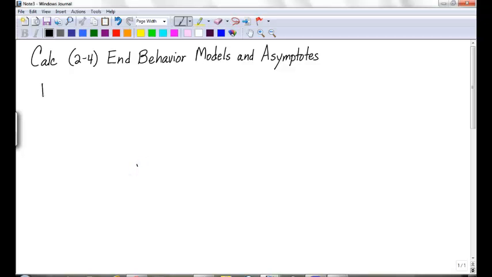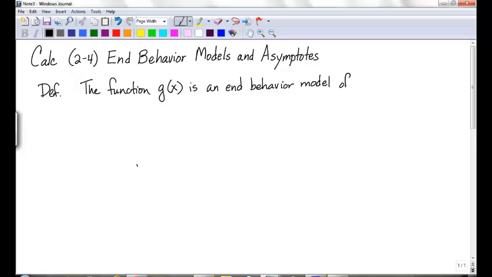So by definition, the function g of x is an end behavior model of the function f of x if, one of these has to be true.